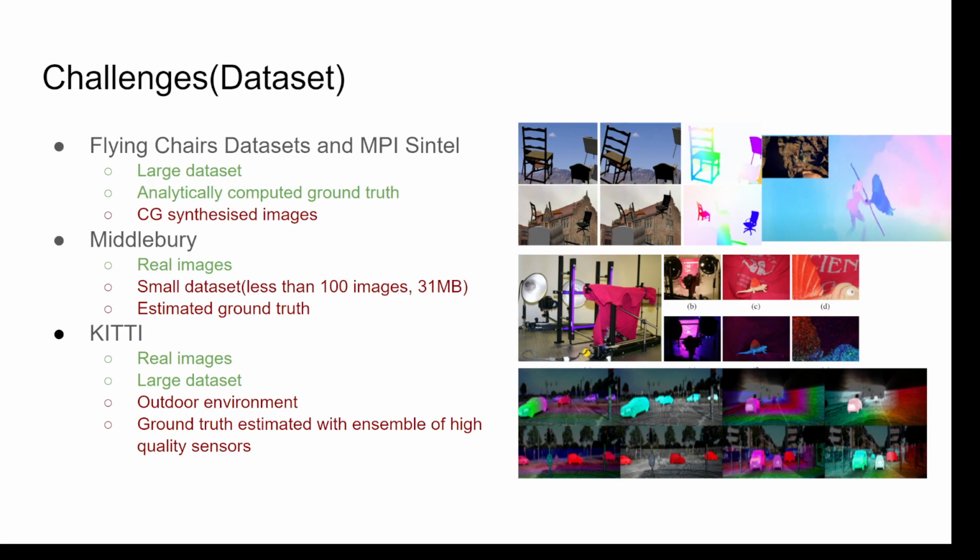And there are four important datasets that most people use today. Flying chairs and MPI Sintel are computer graphic generated images. They are really large and ground truths are analytically computed. However, they're computer graphic synthesized images. And if you want some real images, there's Middlebury.